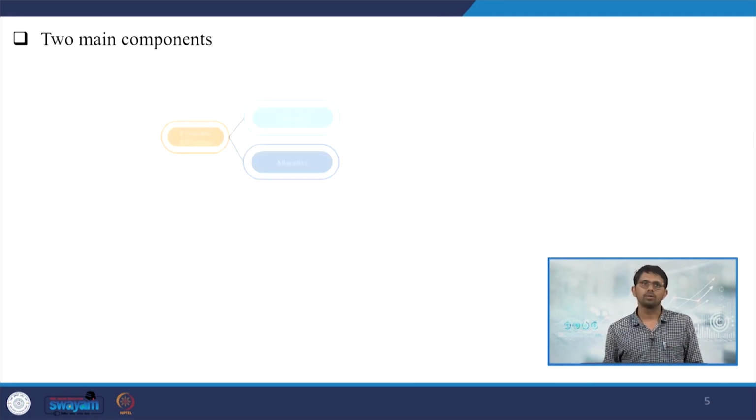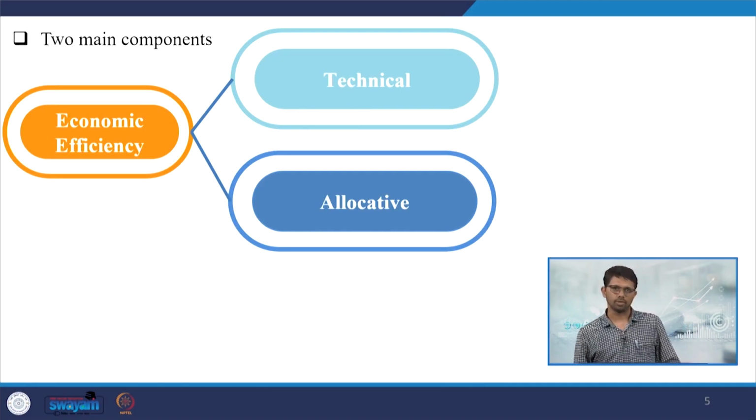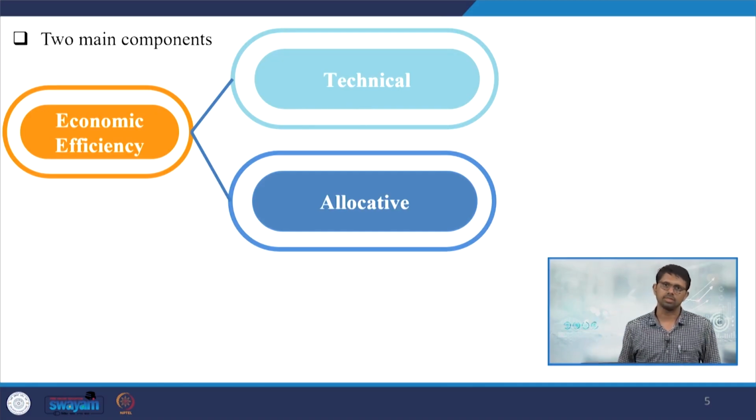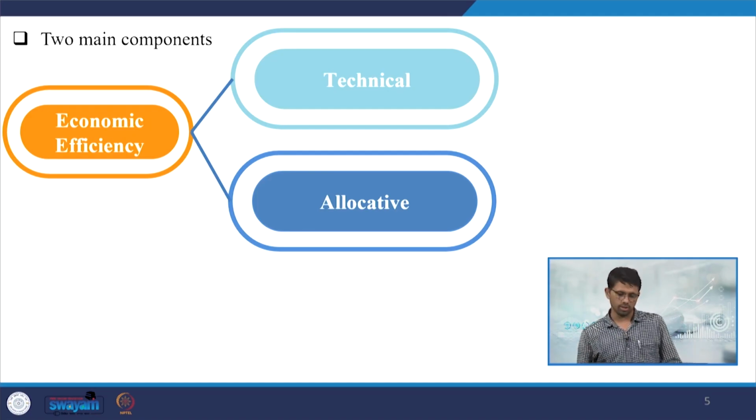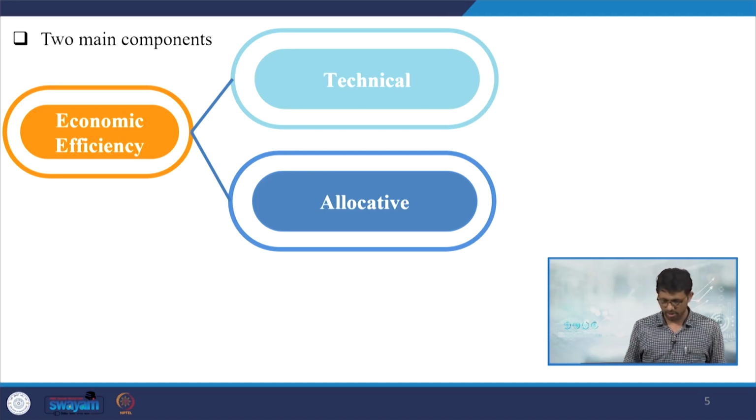There are two main components of economic efficiency, broadly called technical and allocative. We will also explain how to measure technical efficiency and what the coefficient should be in our subsequent lecture through the application of appropriate software.